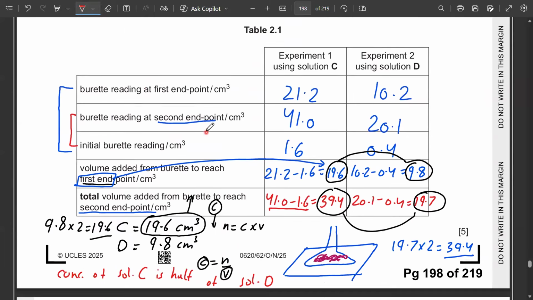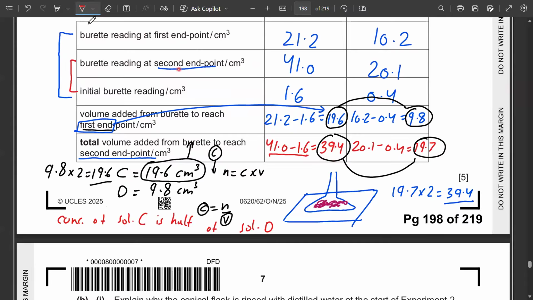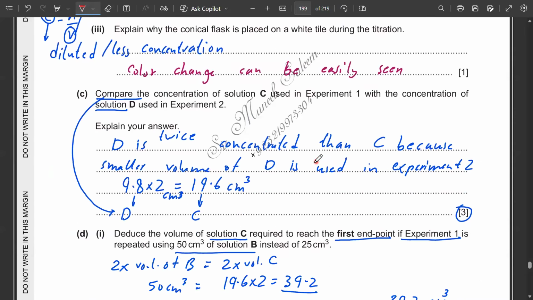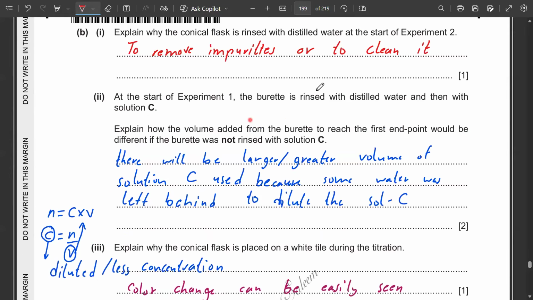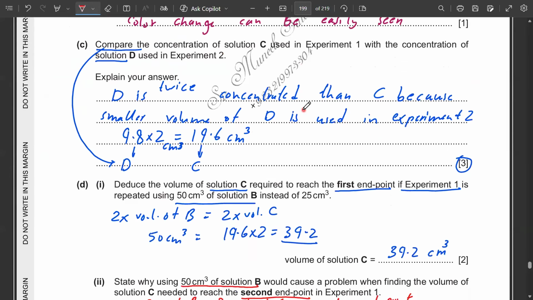In the second endpoint, we required 39.4 cm cube in experiment 1 using the solution C. If you are doubling the volume of solution B, you have to double the volume of solution C, which means this value, 39.4, has to be multiplied by 2.